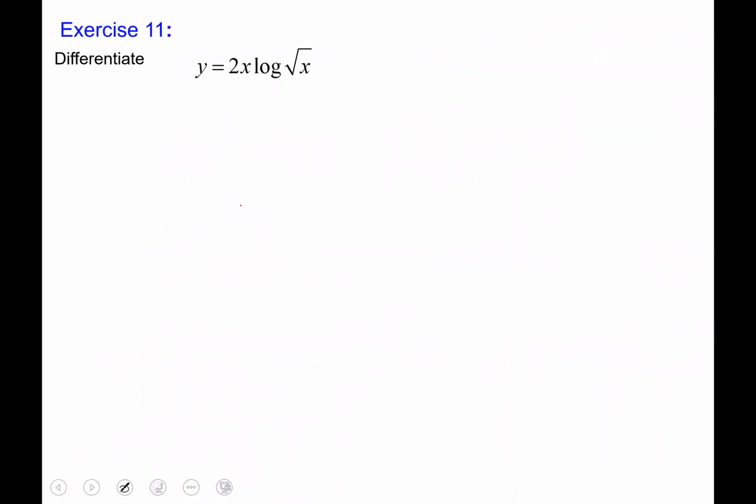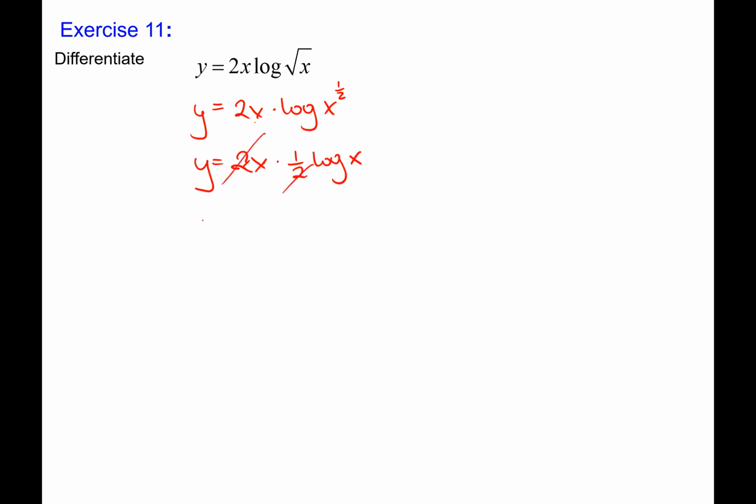Okay, I think I have one or two more. Stay with me. Differentiate y equals 2x times log of square root of x. Let's simplify, because this is log of x to the power of 1/2, and this 1/2 can be placed in front. 2 times half is 1, so I simplified to the function x log x.